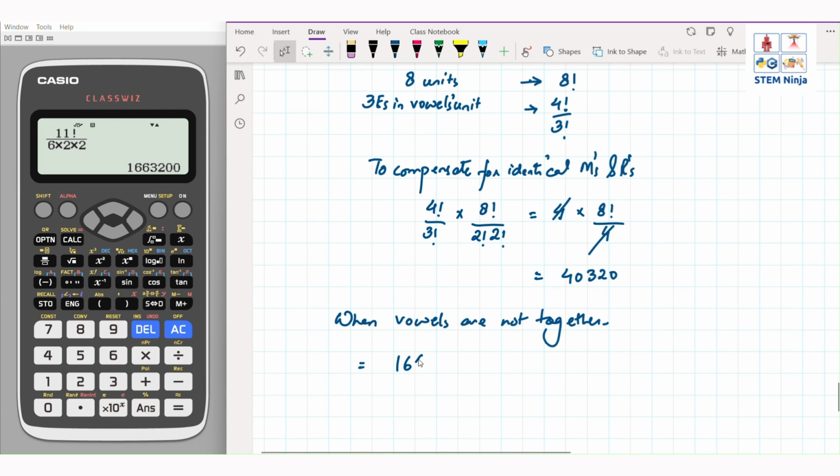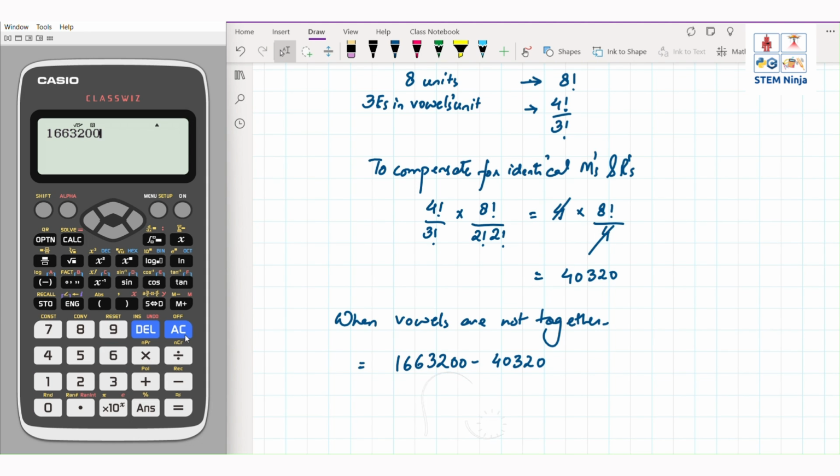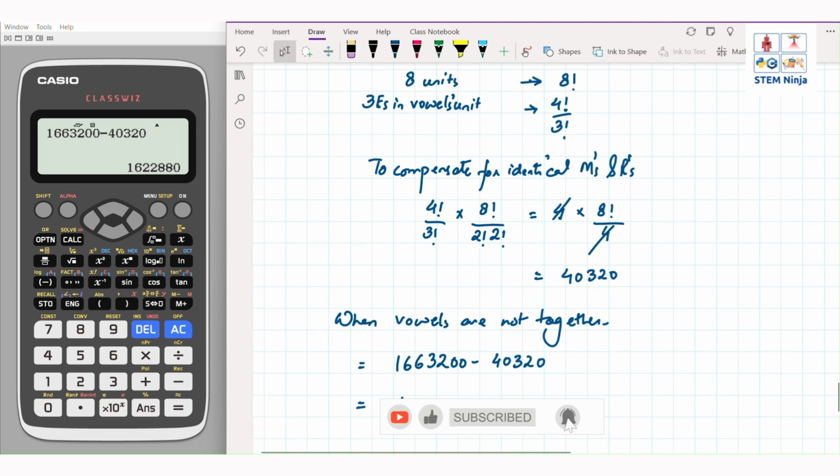So 1663200 minus 40320. So 1663200 minus 40320, this number is 1622880.